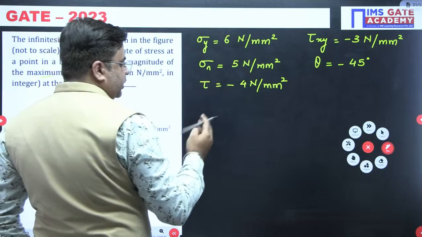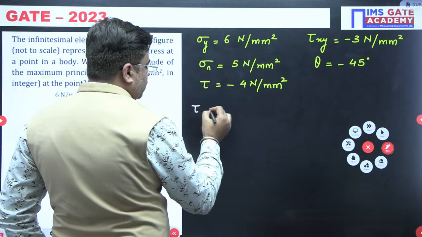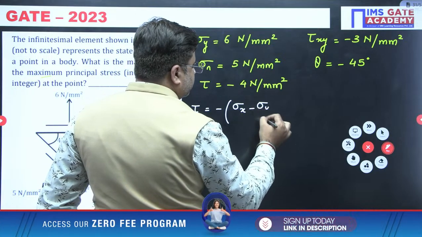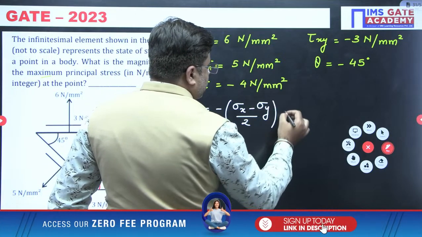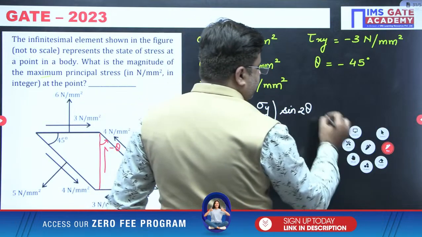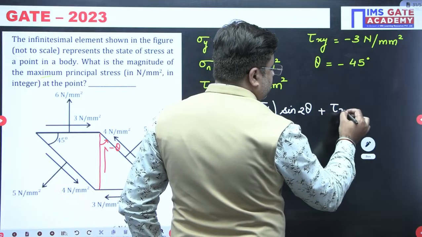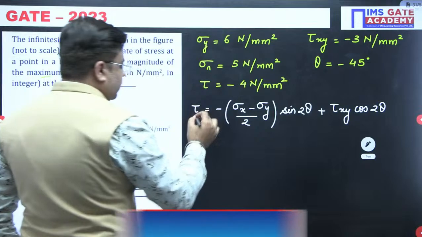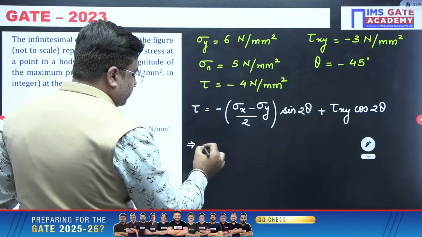So I'll use this: shear stress on the oblique plane is equal to minus of sigma x minus sigma y by 2 into sine 2 theta plus tau xy cos 2 theta, right? Tau is equal to minus 4.